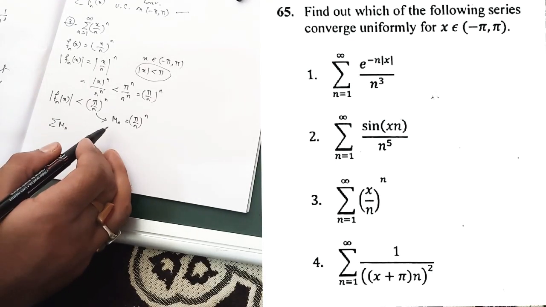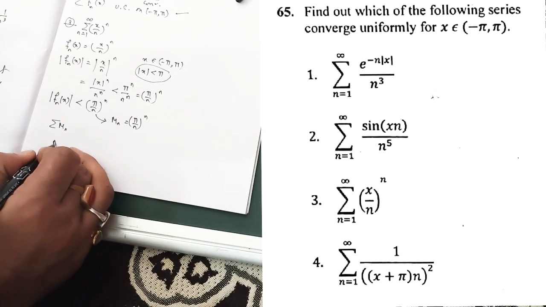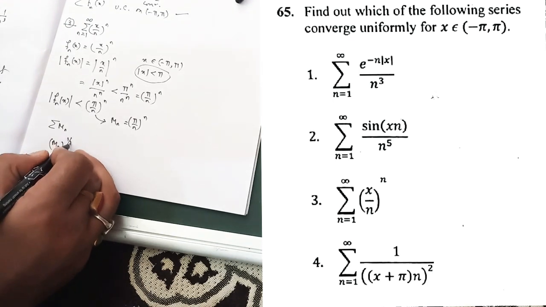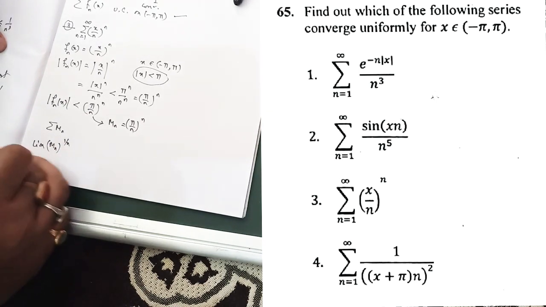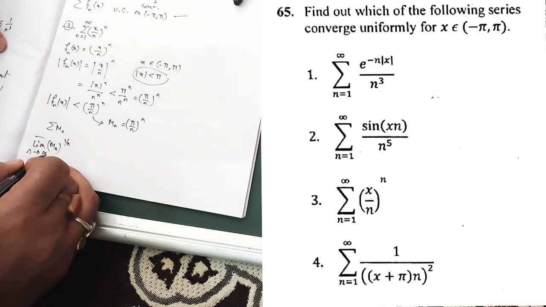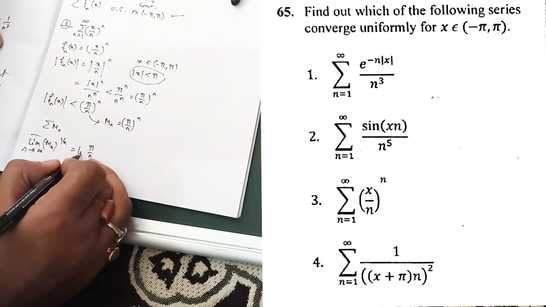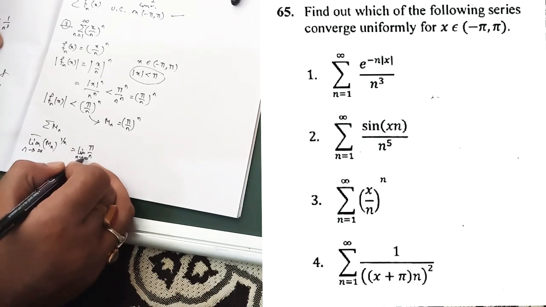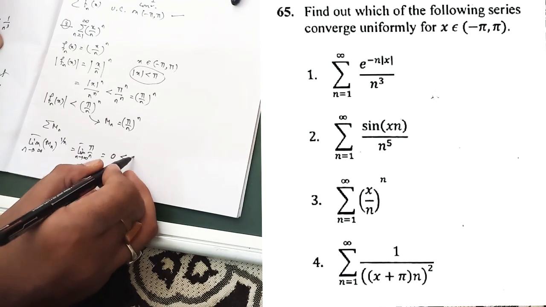For that purpose you can immediately use the Cauchy root test, and it will be (M_n)^(1/n). Take the limit as n tends to infinity, and you have pi by n, which tends to 0 as n tends to infinity, and this is less than 1.